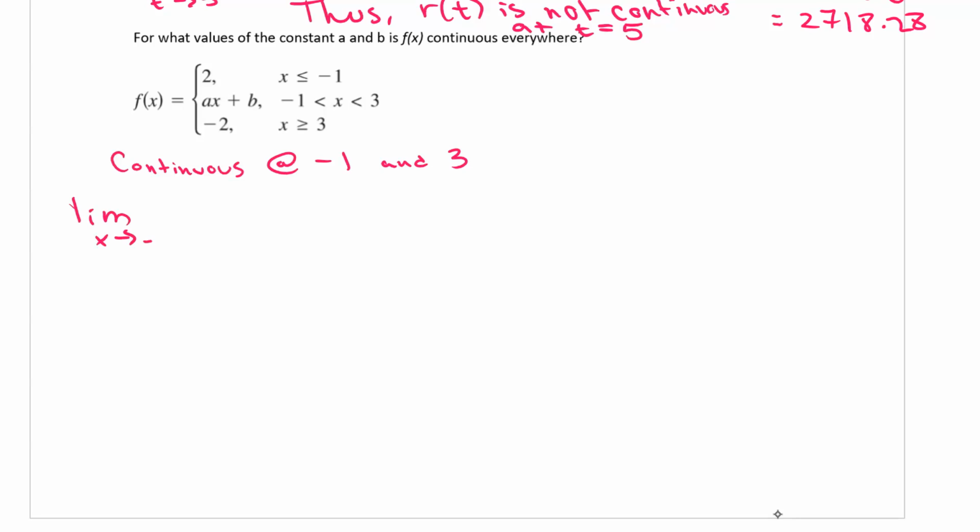So we're going to use the same process as we did on the I do. So we're going to say, well, from the left, it's -1. What do we got? It's 2. And then we have to look at it from the right as we approach -1, because in order for it to be continuous, these two have to be equal.